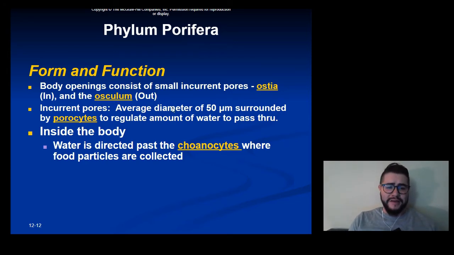The little ostia, or the incurrent pores, average about 50 nanometers in size, and they're surrounded by porocytes. Porocytes regulate the amount of water that passes in or out of the sponge. So those can get bigger or smaller depending on how big the porocytes make the hole. And then inside the body, most water is directed past the choanocytes where all the food particles are collected.